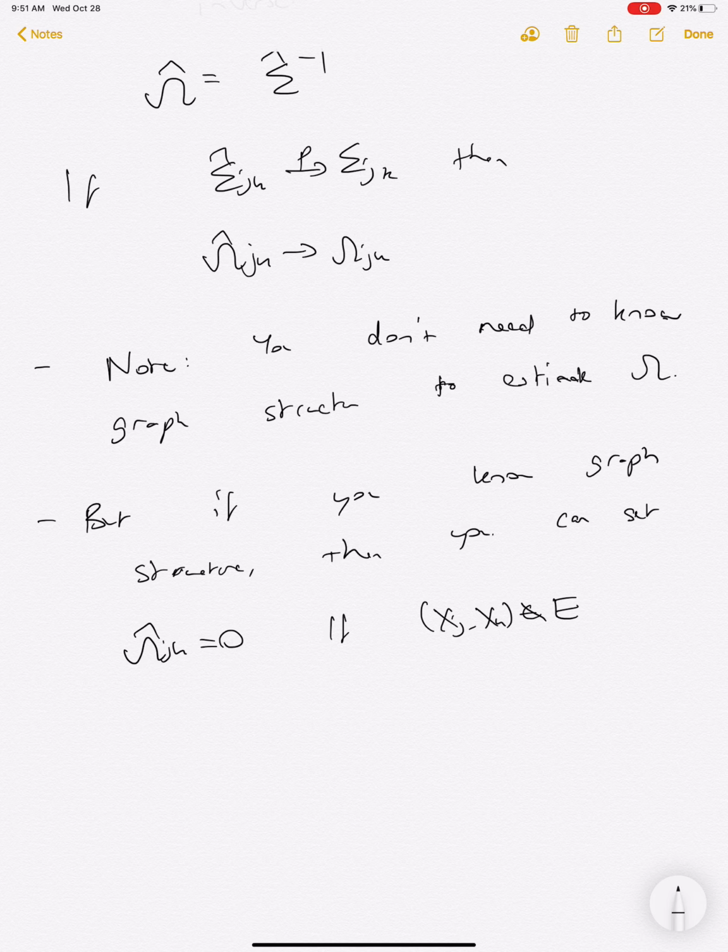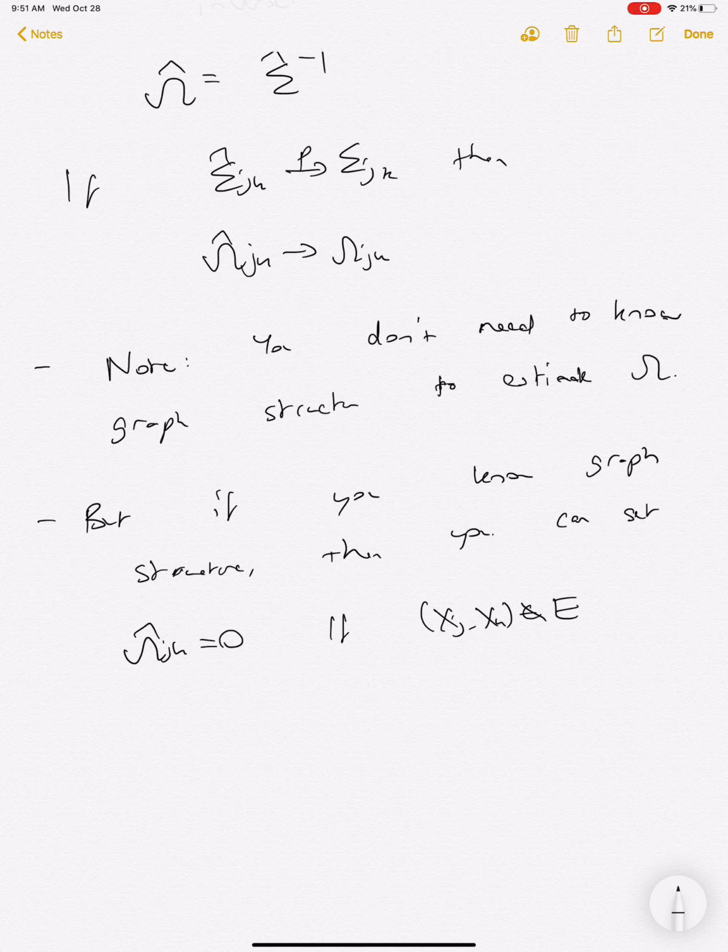So you can imagine doing a restricted estimate, where you only do estimates where xj and xk is not 0. This is a very useful thing, potentially a pretty new concept, that we're exploiting. And this is only true for the multivariate normal.